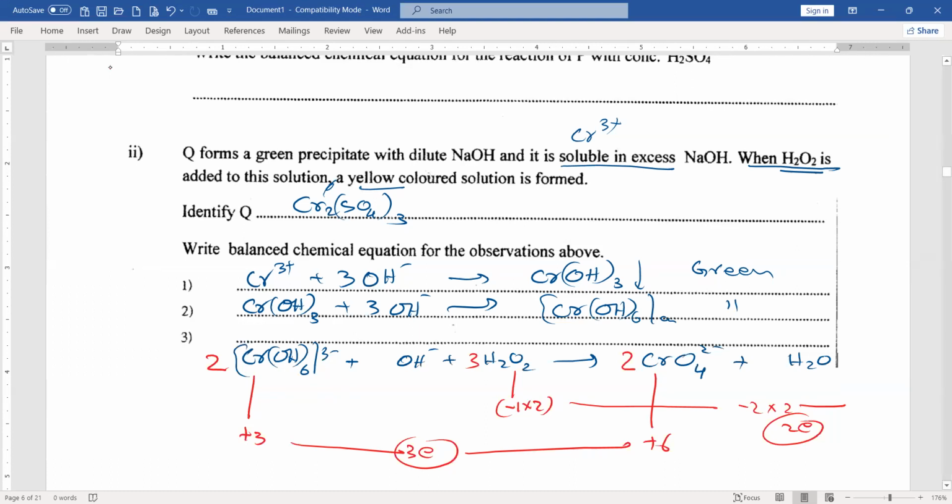So balancing in this way may be a little hard.